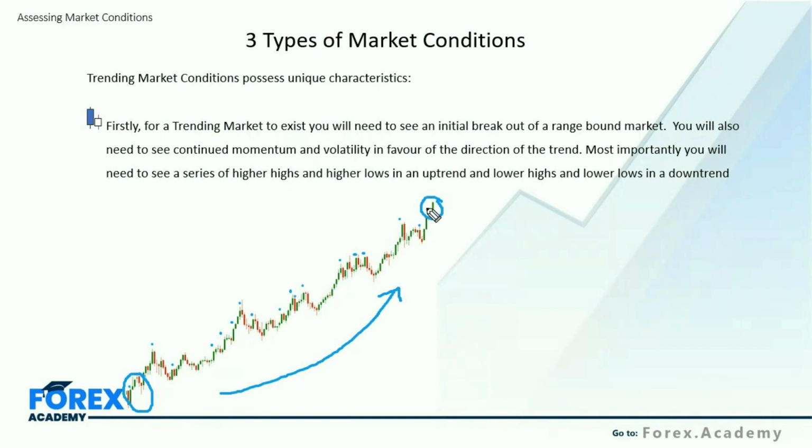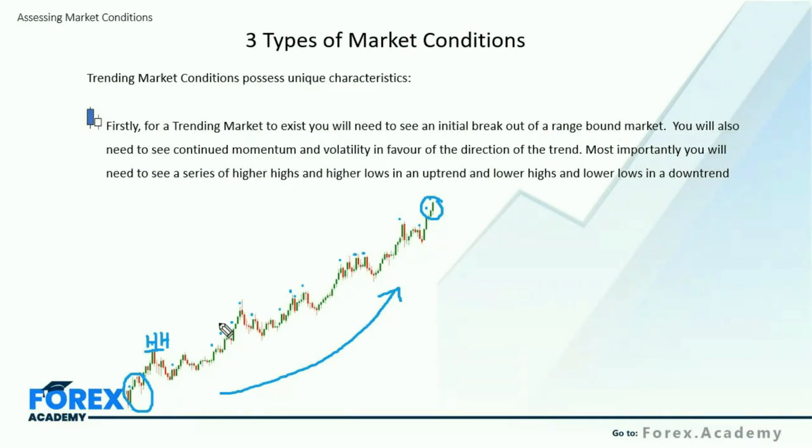And there's numerous examples of being able to see and identify that momentum and volatility in the direction of the trend, which in this case is pushing prices higher. And what you would also need to see is what's called a series of higher highs. Now, these are quite easy to identify. We'll refer to it as, in this particular example, HH.